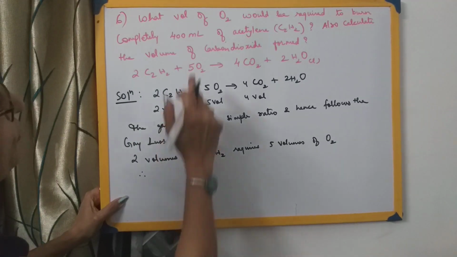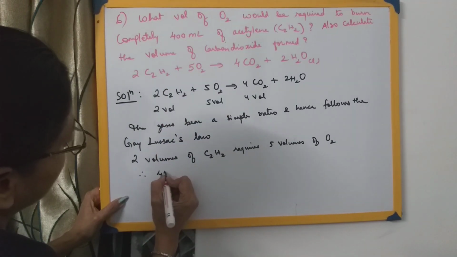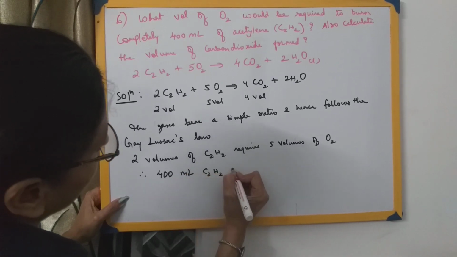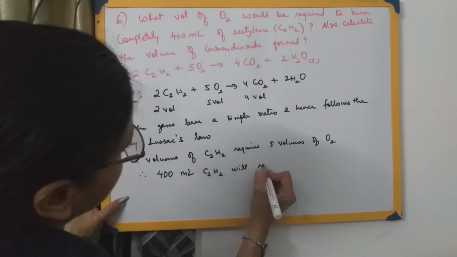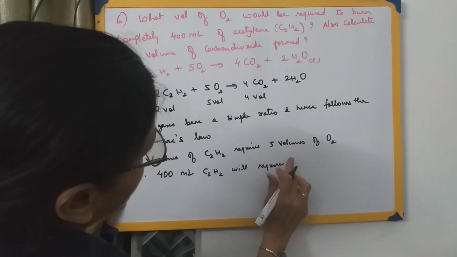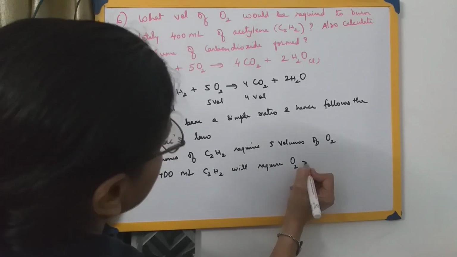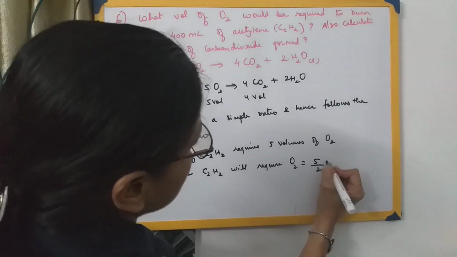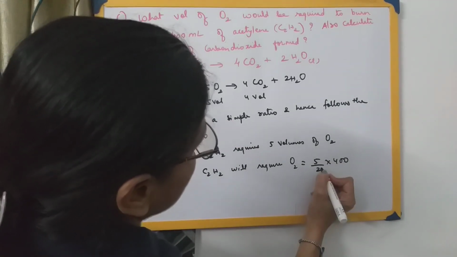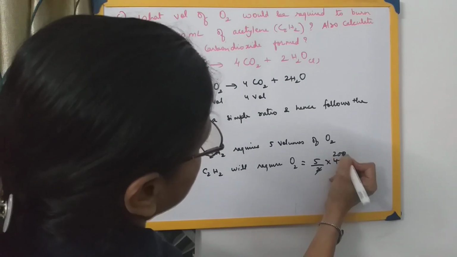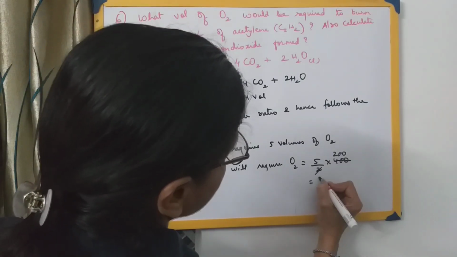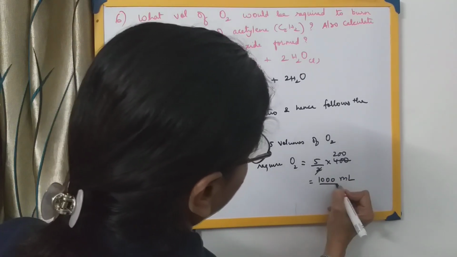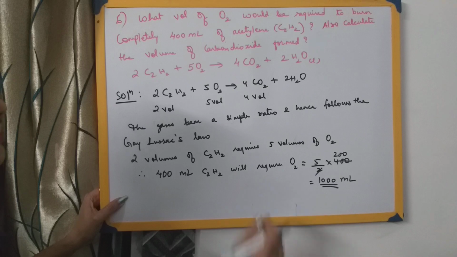Therefore, here we have been provided 400 ml of acetylene. 400 ml of acetylene will require oxygen equals to, what we'll be doing, 5 by 2 into 400. So 2 ones are 2. So this will be what? 1000 ml. That is, the volume of oxygen will be 1000 ml.